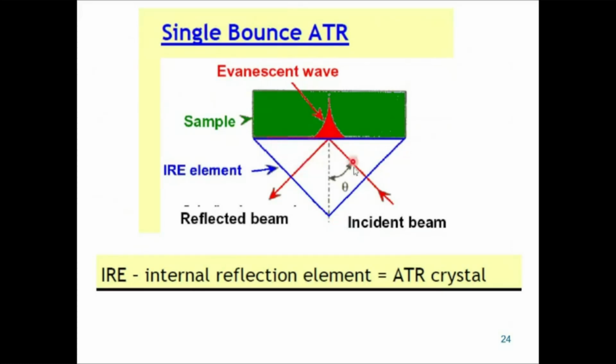This has a low optical density in the IR region as compared to the sample. What happens is the incident beam arrives, hits the sample, and some part of it enters the sample. So the reflected beam has some missing wavelengths. Those missing wavelengths will be absorbed by the sample itself. So this is the working principle of ATR, attenuated total reflectance.